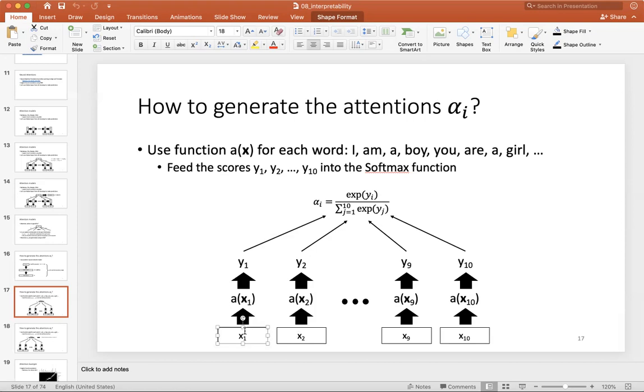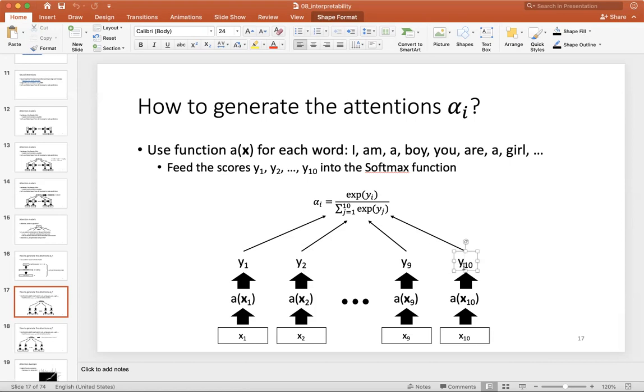For each input at each time step, you feed it into your attention function A, and you get some scalar value out, between negative infinity and positive infinity. So all the y's, y1 to y10, will have some scalar value.